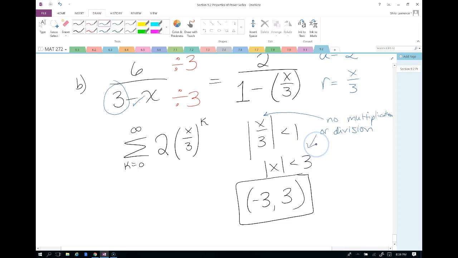So that's why we change it into absolute value of x is less than 3. Remember, our goal is absolute value of x minus c is less than r. There is no multiplication or division on the left-hand side of that inequality. It's just going to be addition or subtraction. It's subtraction if your center is positive. It would be addition if your center was negative.